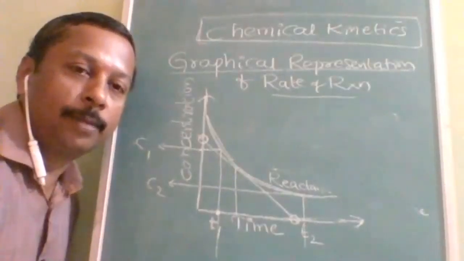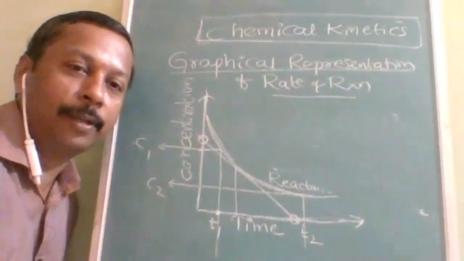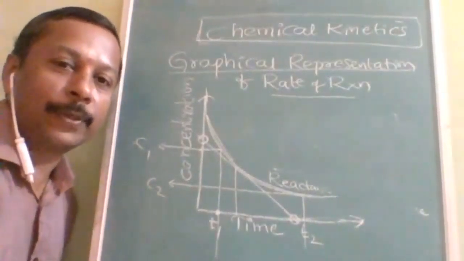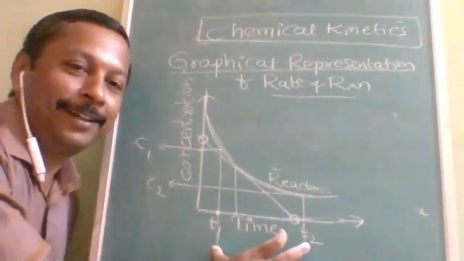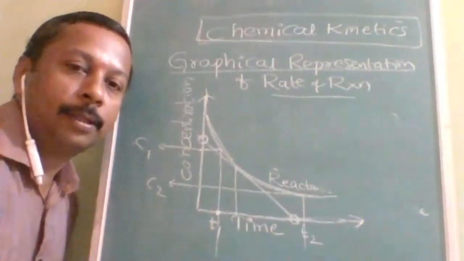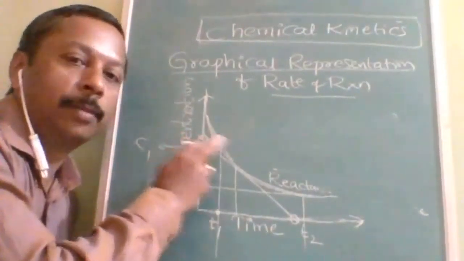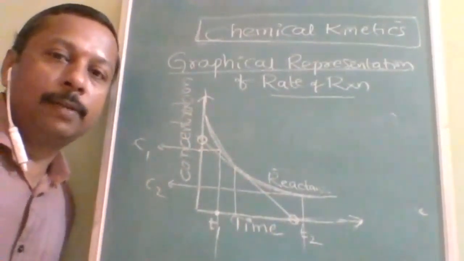Someday you will be down, someday you will be up, but that up should come early and remain for a long time. So if you ask me which is better, the average rate of reaction is better, because someday it was good, someday it was low. Both will give you correct information.